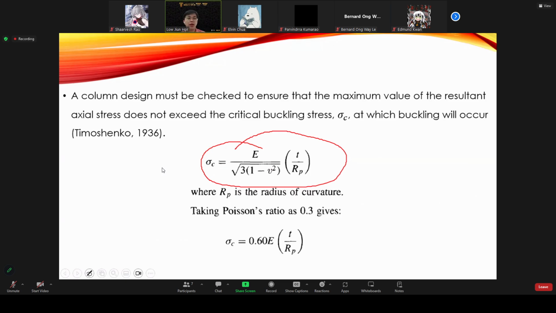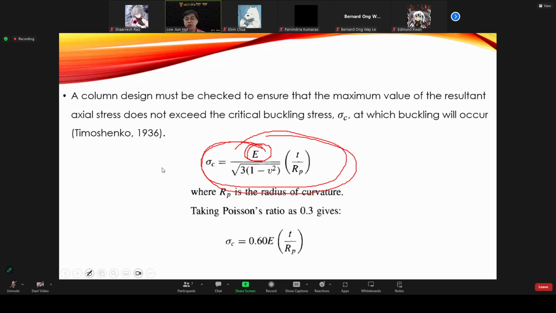Because compared to other metals, the corrosion resistance of steel is much stronger. So that's why normally we fabricate our equipment, tower or pressure vessel by using steel. So that's why the scientists and engineers already modified the equation here. They put in the modulus of elasticity of steel into this equation.